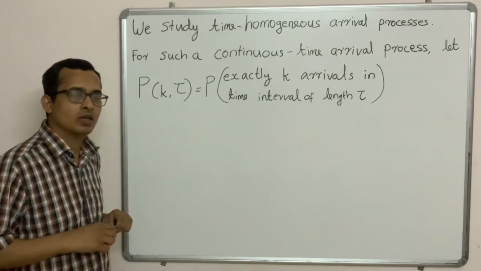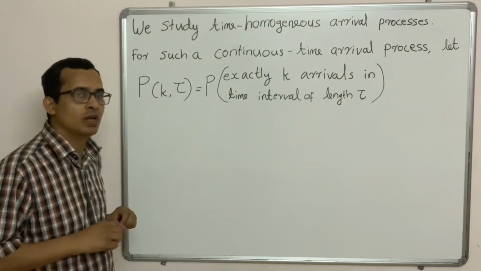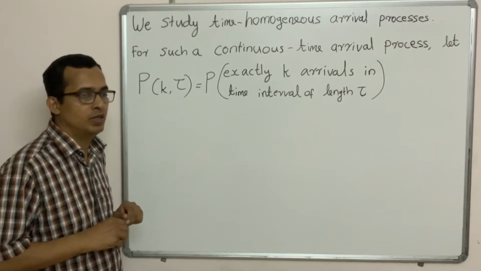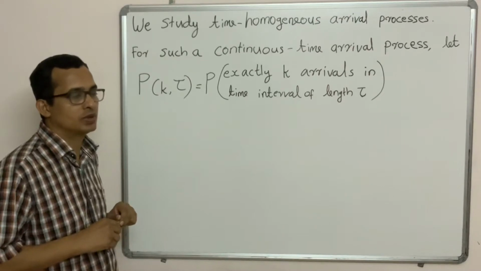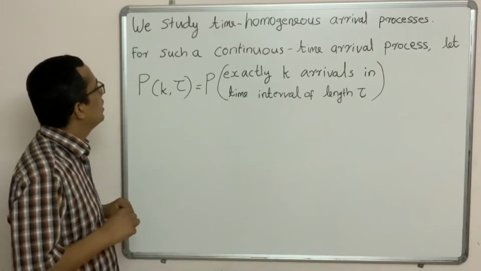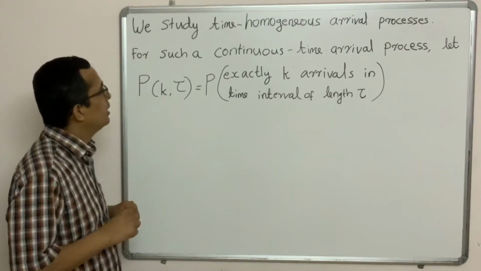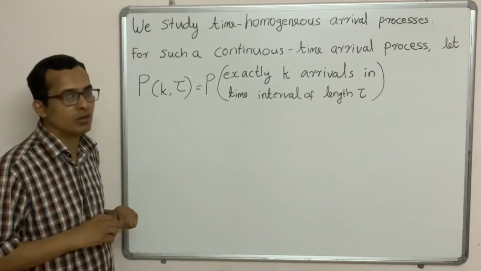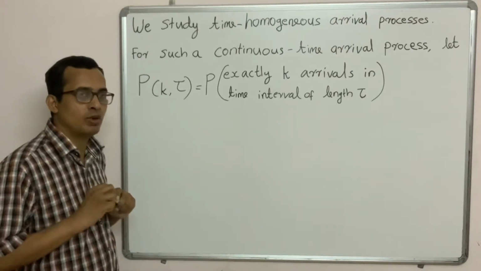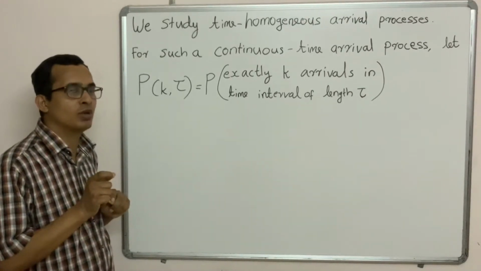We study time homogeneous arrival process in continuous time. So we say that a process is time homogeneous if in determining the number of arrivals or nature of arrivals in a particular interval, the interval position is not important. Only the length of the interval is important.